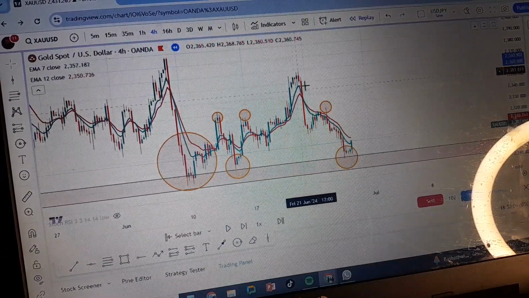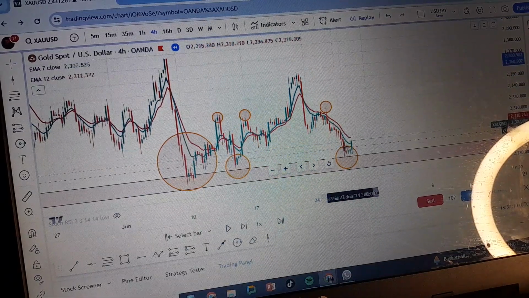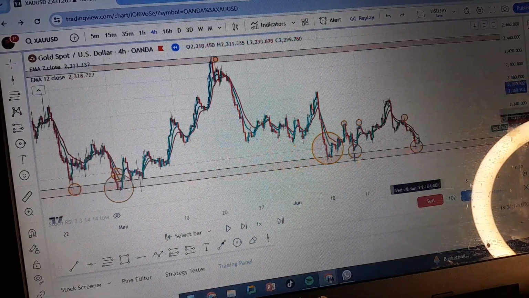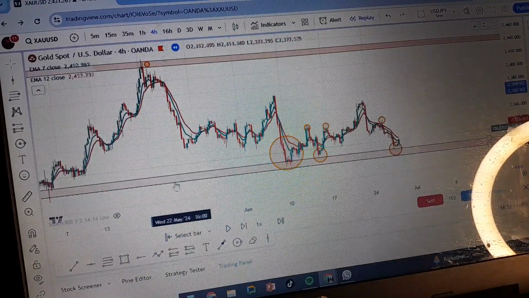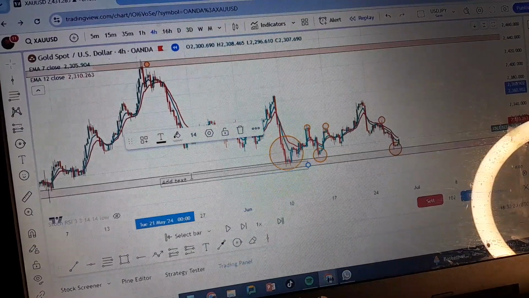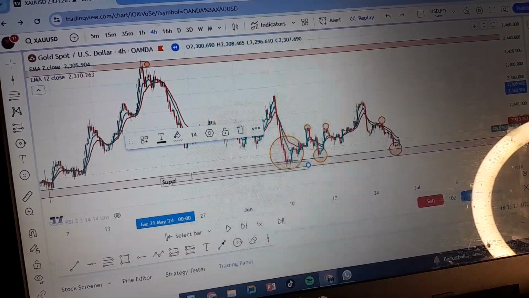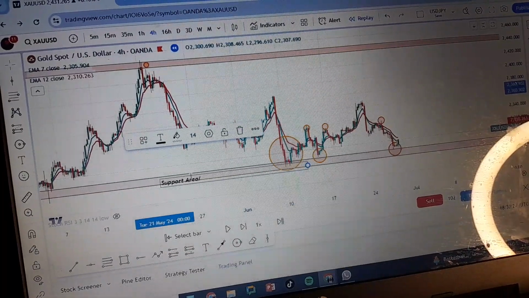So if somebody was just simply following these indicators, he would be placing a sell order here, and that is how he would be stopped out of the market. Because this is a very strong area of support, or others could call it a demand zone.